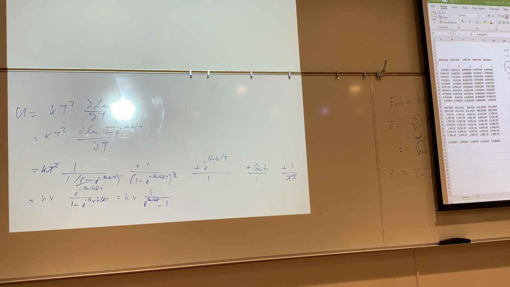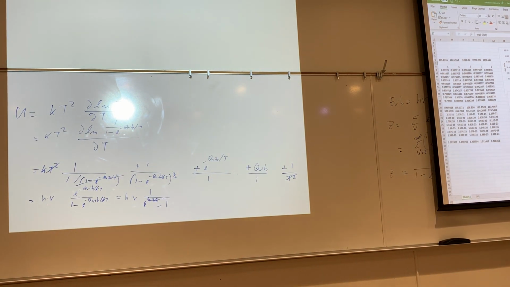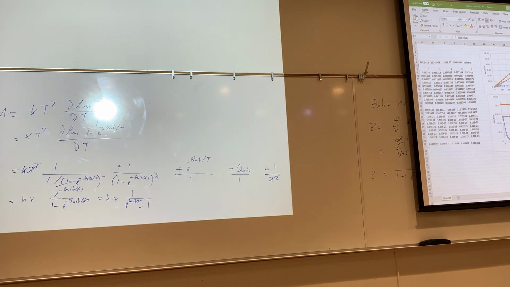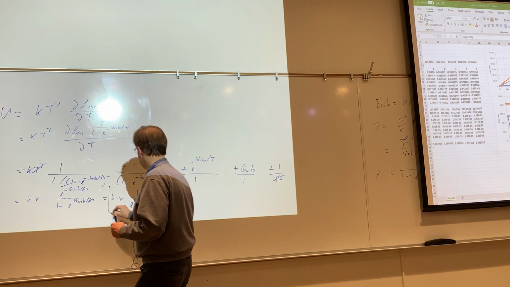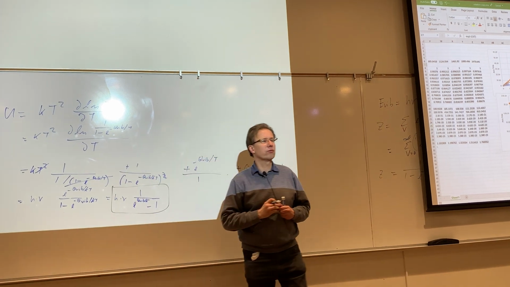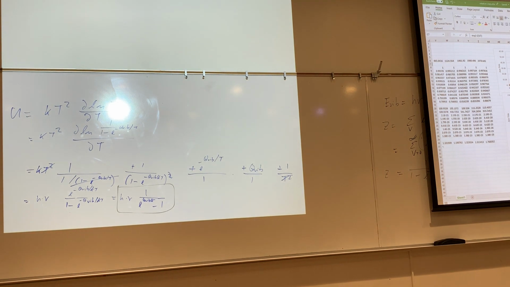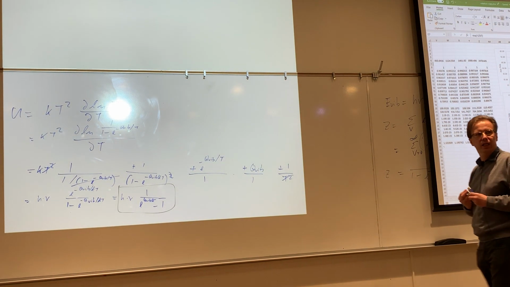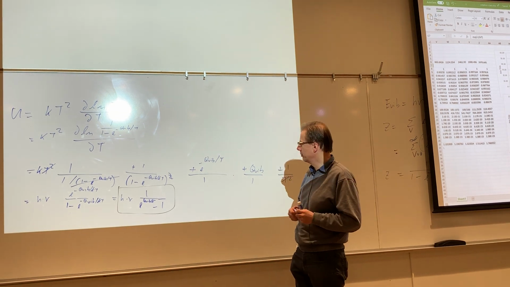Okay, so here we have our formula for the internal energy, and it is not a particularly bad one. It is maybe inconvenient to do, but it is not a really bad formula for the internal energy of our system. Right. Now, I'm maybe not going to do that today in the Excel file. That will be your homework, and I think you can do that.